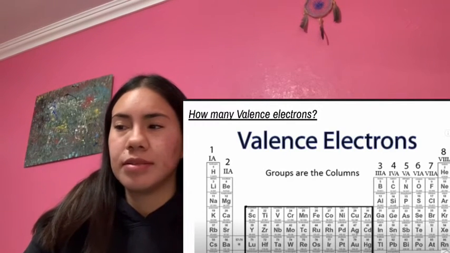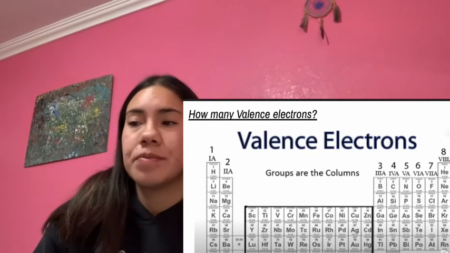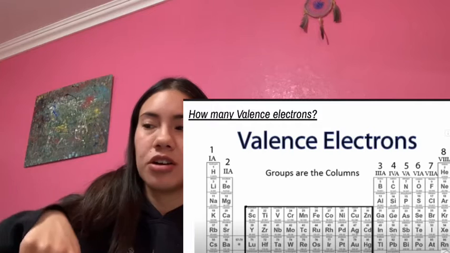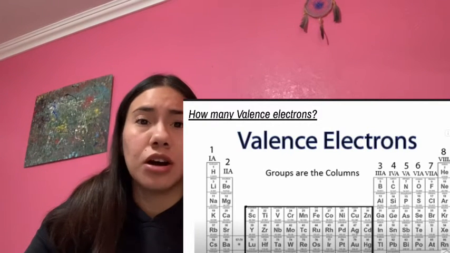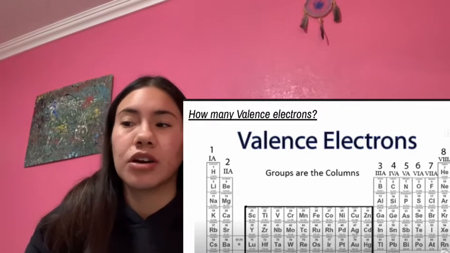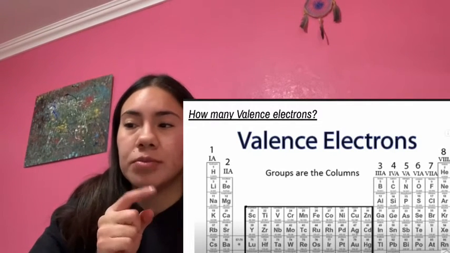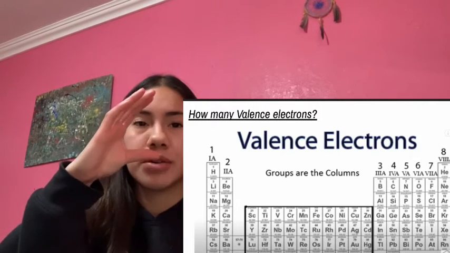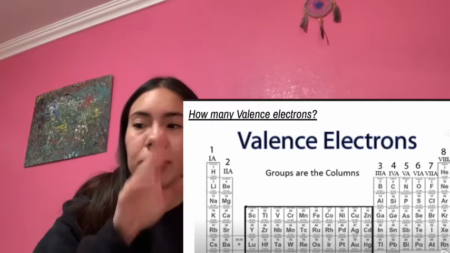Basically, these elements are in columns: the first column, the second column, and so on. The elements in each column all have one thing in common, and it is the number of valence electrons. In the first column we see hydrogen, H, and at the bottom we see Li, which is lithium, and so on.